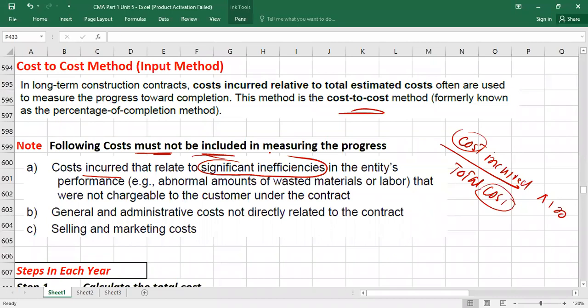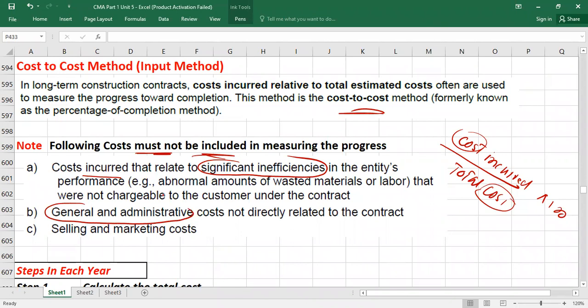Right or wrong? So now it is an abnormal loss for me, abnormal inefficiencies. If he says the cost of abnormal loss is 20,000, you should not include it in the calculation. Then the second is, you also need not include general and administration cost.